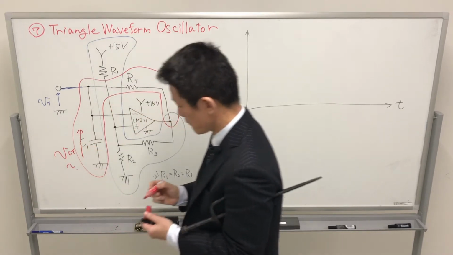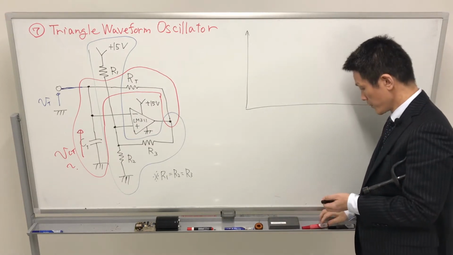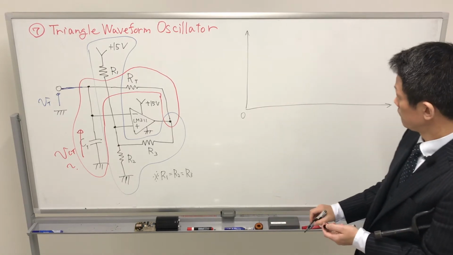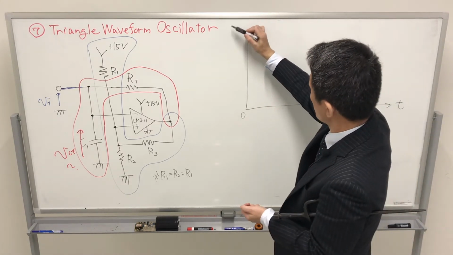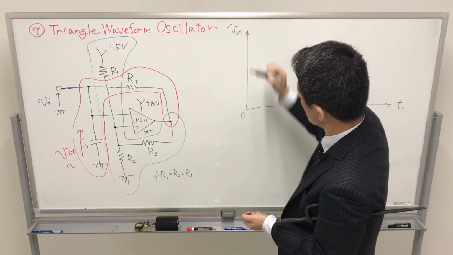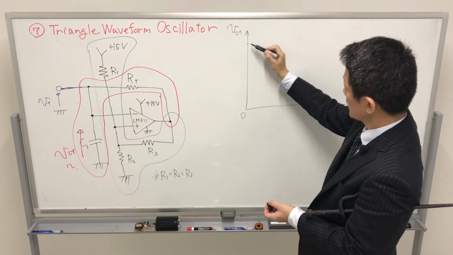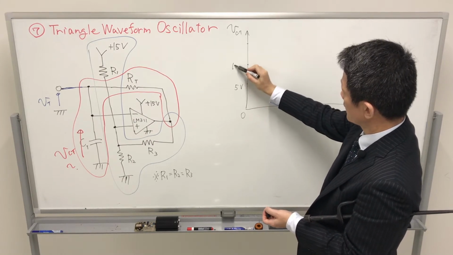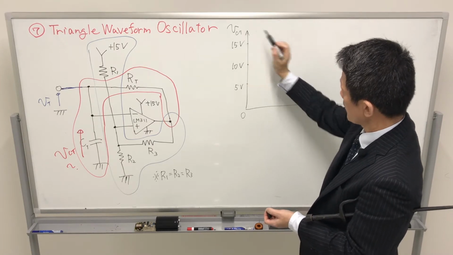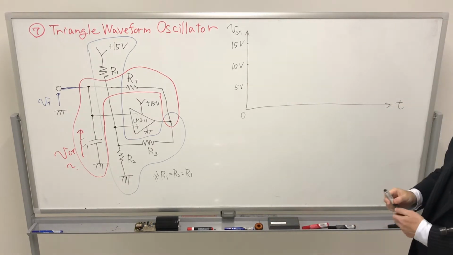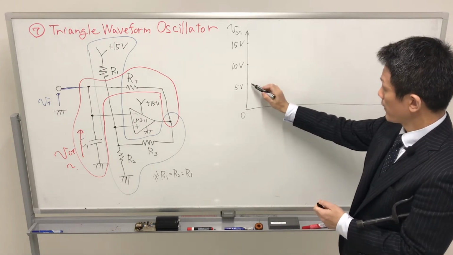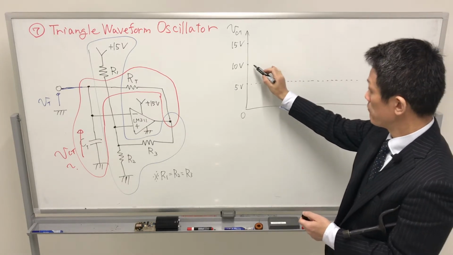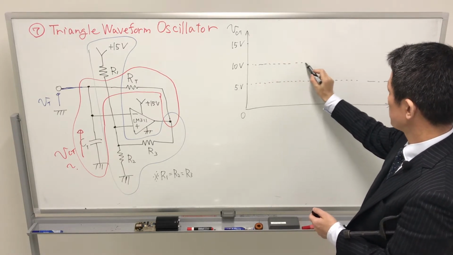What is VCT? For the time from 0 to T, with VCT at 5 volt, 10 volt, 15 volt, please illustrate the transient waveform of VCT. Okay?